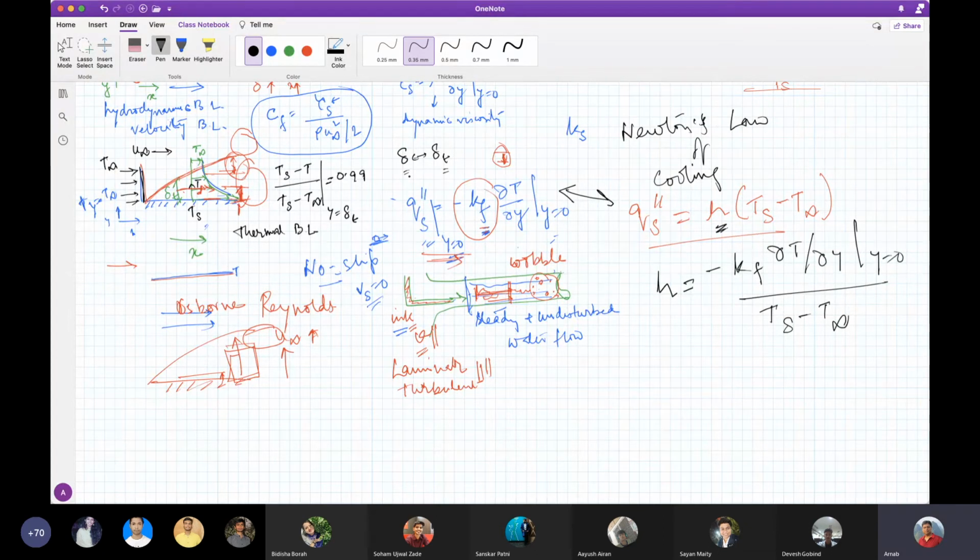But when a flowing fluid comes in contact with the solid surface, the velocity boundary layer would develop, and that velocity boundary layer would dictate the thermal boundary layer.